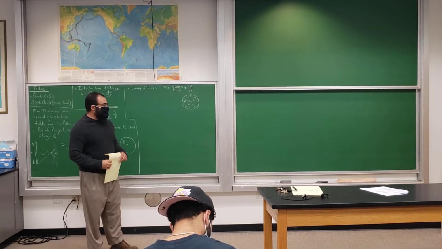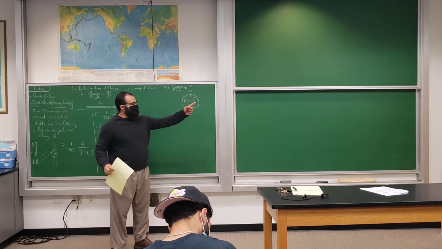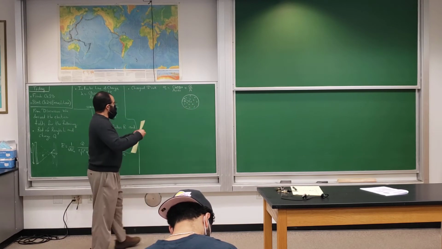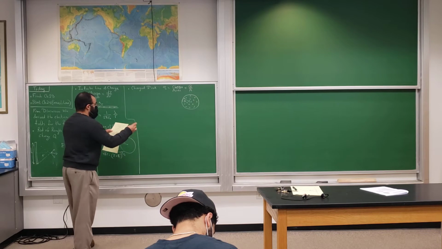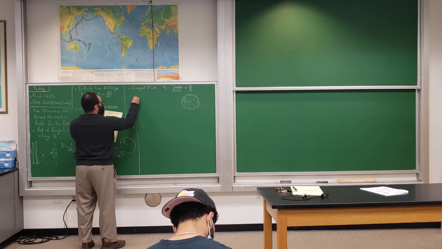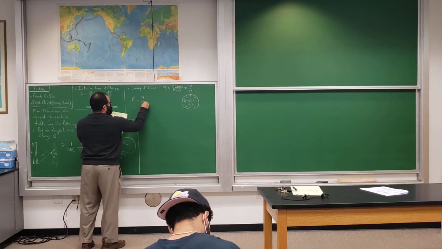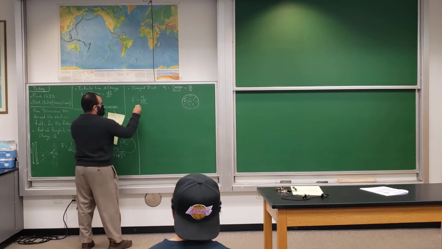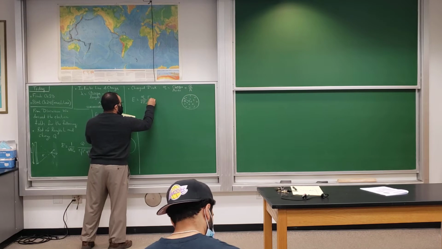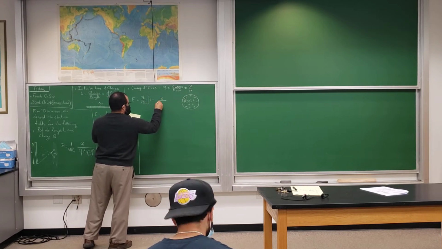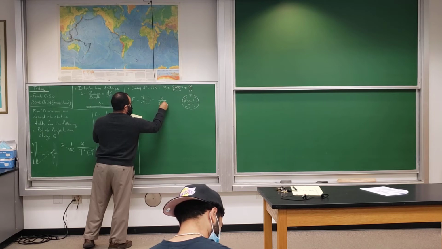And the question is, what is the electric field a distance z away from the center of the ring? And it turns out, I'll try to write this one correctly. It is, the electric field is eta over 2 epsilon naught times 1 minus z over the square root of z squared plus R squared.